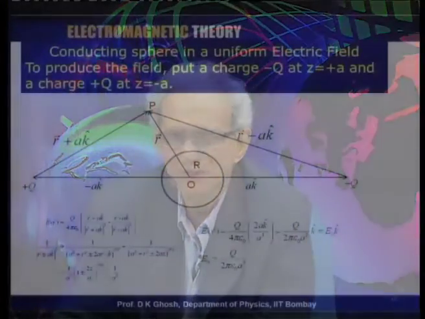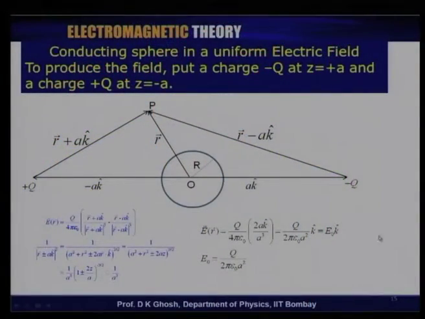Firstly, if you observe this picture, you notice that I have got a charge minus q at, let me take this as the z axis, at a distance a. So, this vector distance is a k, and a plus q at minus a k. So, if you look at a potential at a point p, this vector distance is r minus a k, and this is r plus a k, and of course, this is the vector r.